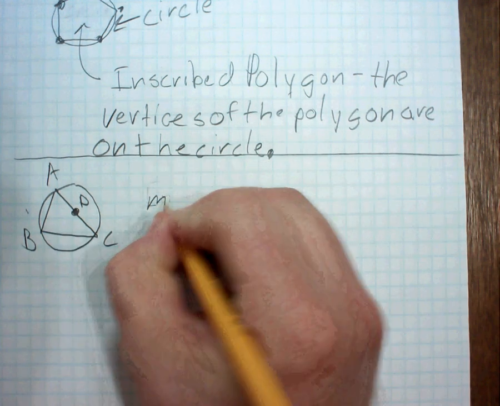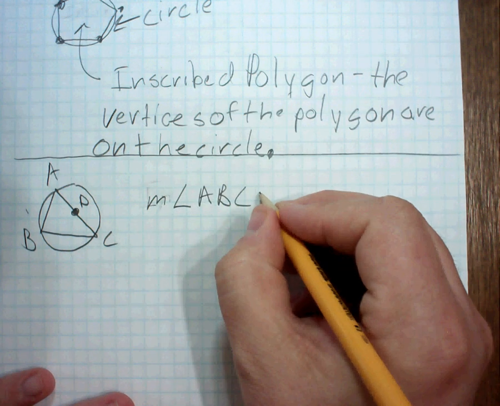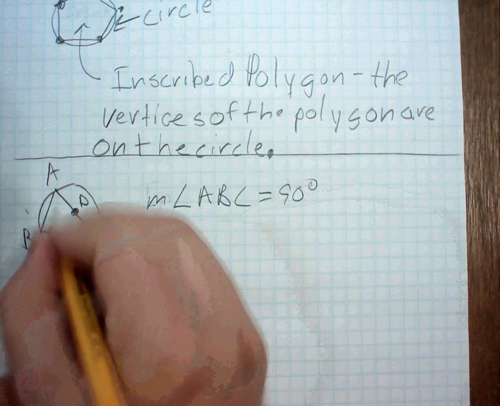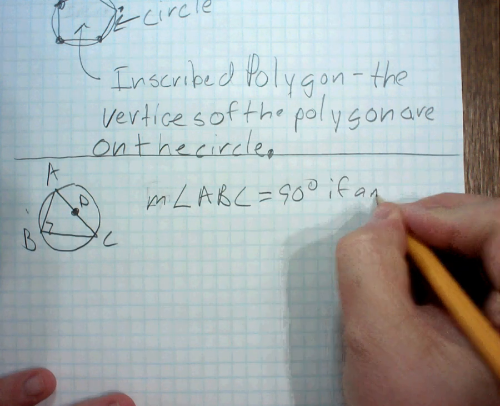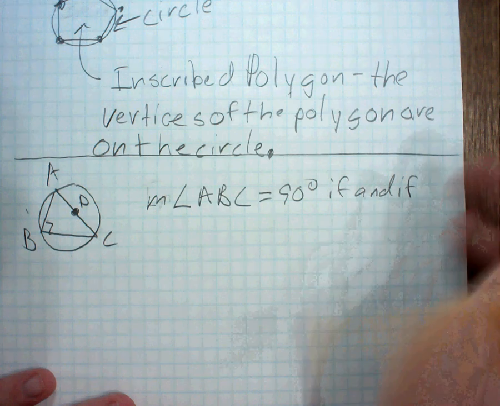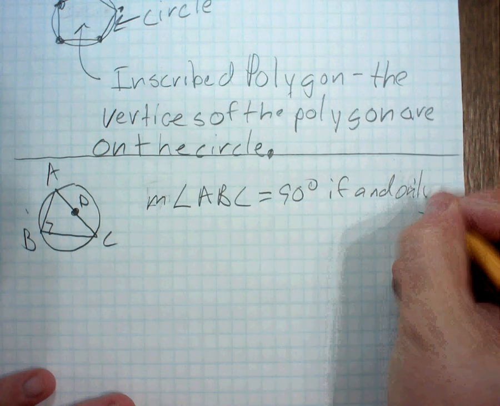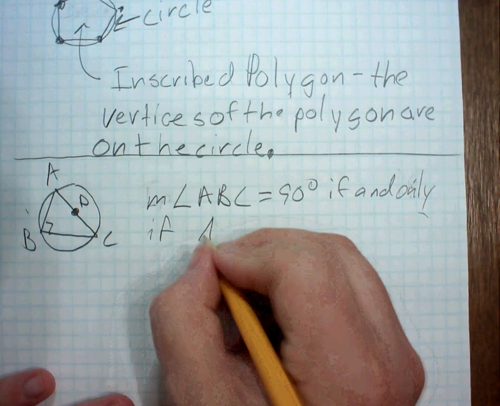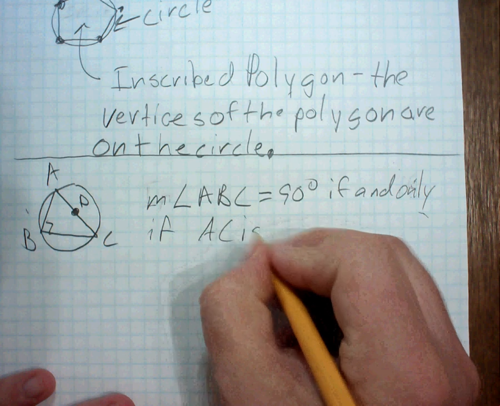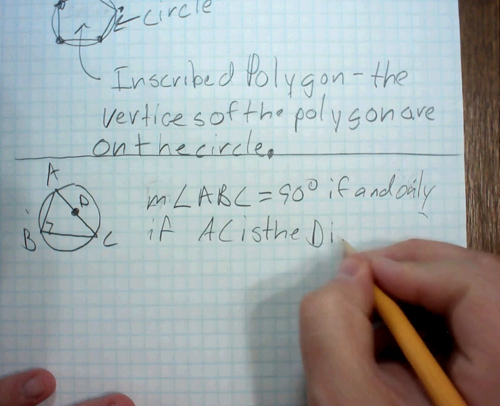The measure of angle ABC equals 90 degrees, that's this right here, if and only if AC is the diameter.